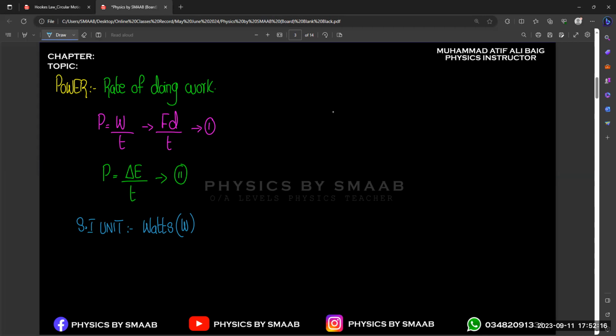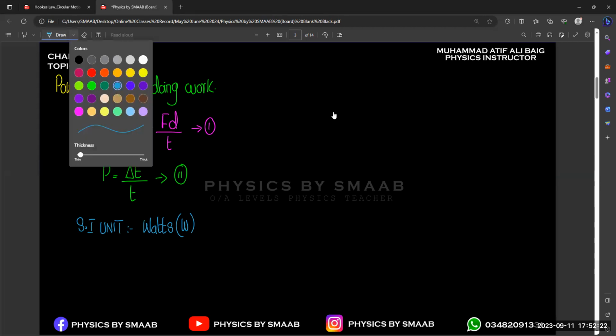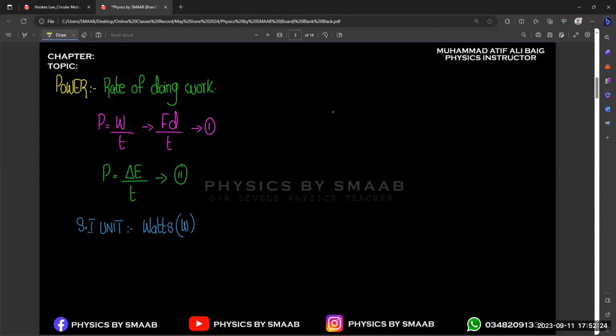And the next thing that we have to write is the concept of efficiency that we were talking about from the start, that nothing is 100% efficient, so there will also be a loss of energy sometimes.